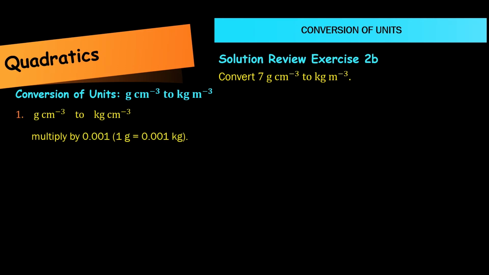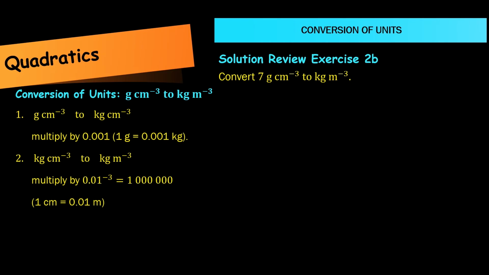And now let's look at what we have to do if we go from kilograms per centimeter cubed to kilograms per meter cubed. So we're focusing on the per centimeter cubed to per meter cubed bit, and we're leaving the beginning bit as it is.